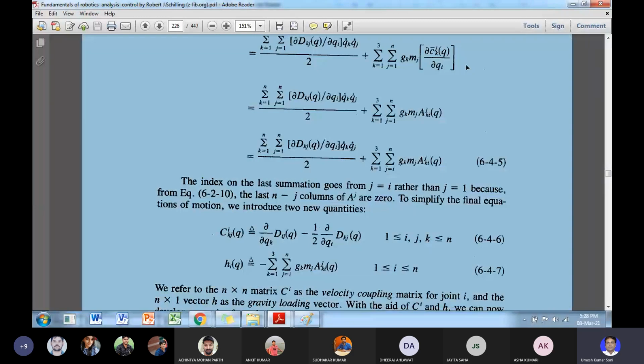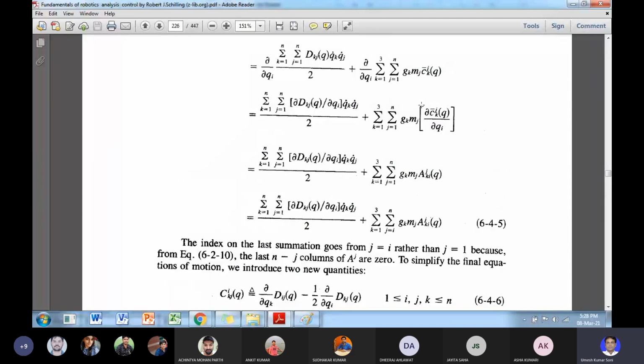If you see, you have previously defined this term as a_ki cube, somewhere before.